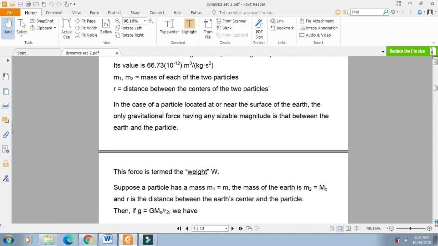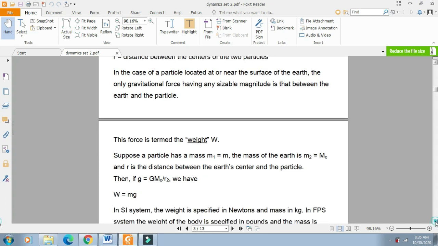We can convert this equation into W equal to mg. If we replace m2 with me, the mass of the earth, and m1 is the mass of the particle, then g is substituted for capital G me over r square. So there is a correction here, it is r square.